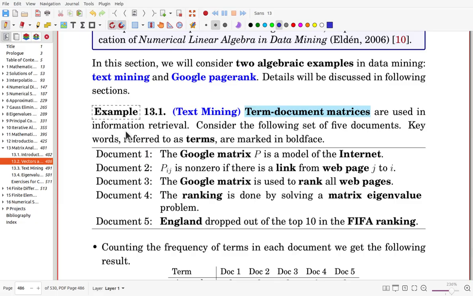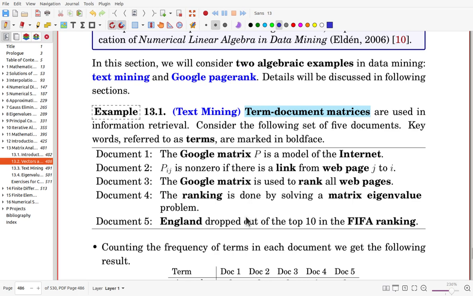Consider the following set of 5 documents. Document 1, 2, 3, 4, 5. We assume there are 5 documents available, and each document here has such sentences. And now the keywords, referred to as terms, are marked in boldface.